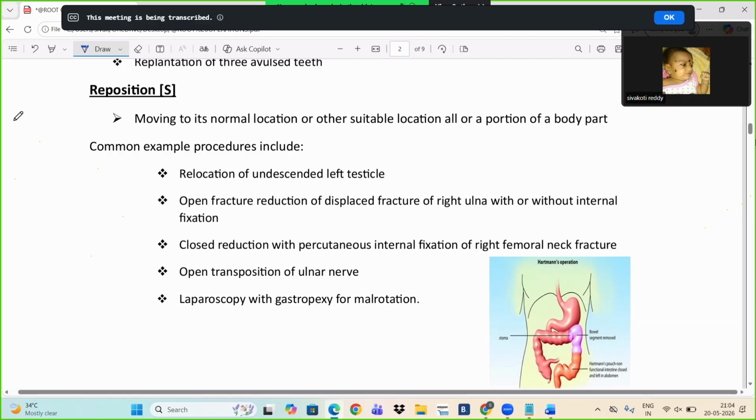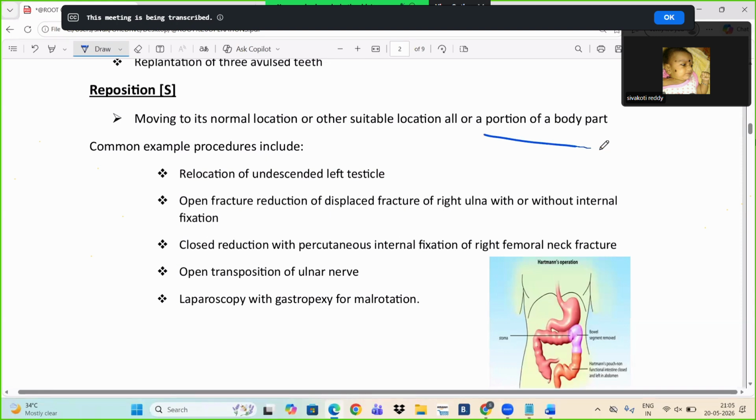Position means same place. Any body part moving from original position to abnormal position, again they will put in the same position. Sometimes the same position was not functioning properly, so they will move to a suitable location. It should be repositioned, moving to its normal location or other suitable location.